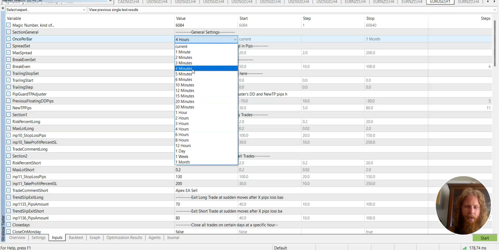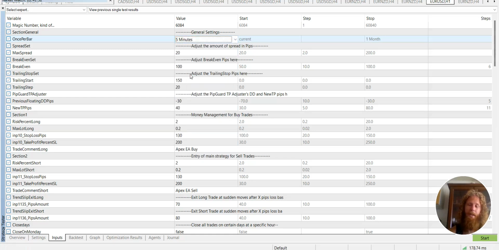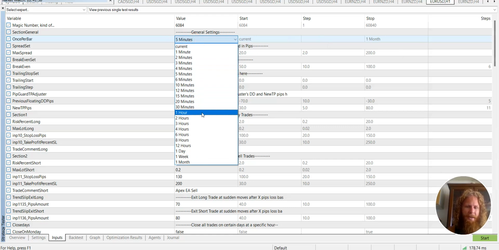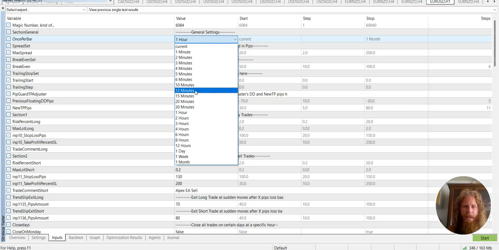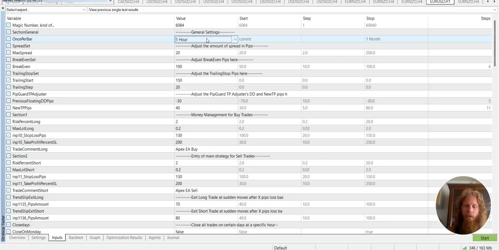If you set it to 5 minutes, it means you are going to get many more trades, which is great for some traders. I am setting it to 1 hour because this way I can filter out many of the unnecessary trades, but we still have enough trades. But yeah, you can set it to basically any value, depending on how many trades you want, how safe you want to trade, and this kind of stuff.